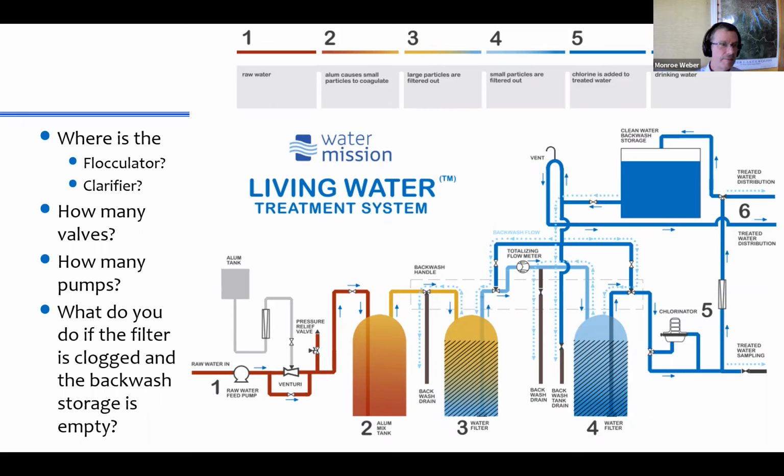Okay, there is none. No clarifier. So where are all the particles being removed? The filter's doing all the work, right? Everything, the filter's doing all the work for removing particles.